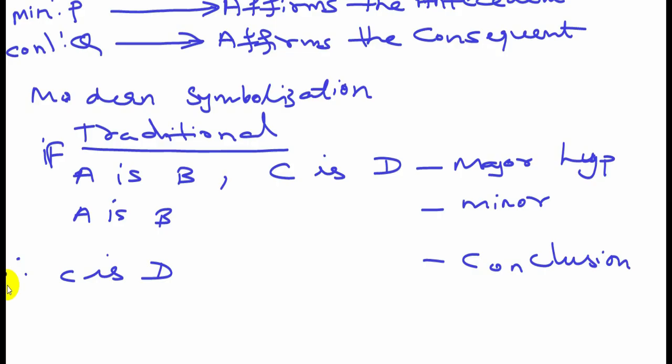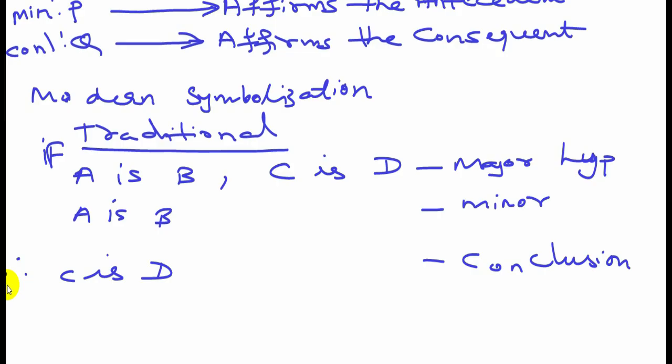This is because the traditional symbols give the impression that the antecedent and the consequent consist of terms. Okay. The example taken above is that of a constructive hypothetical argument.